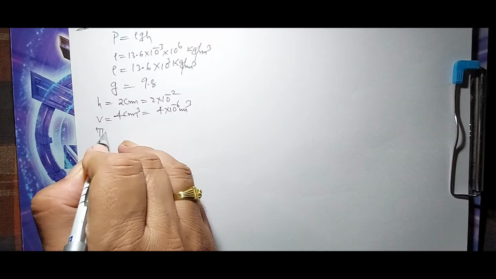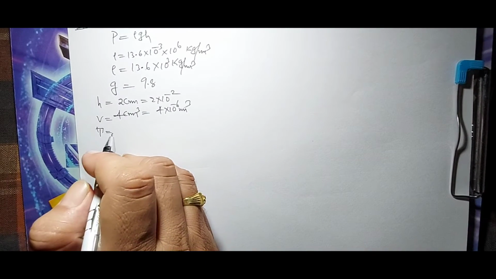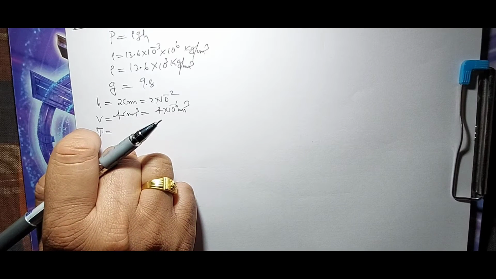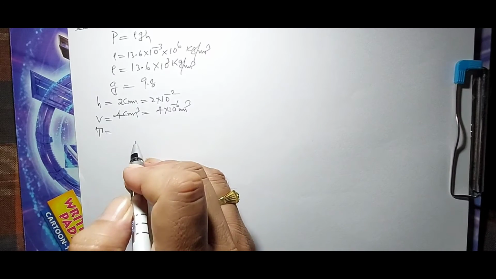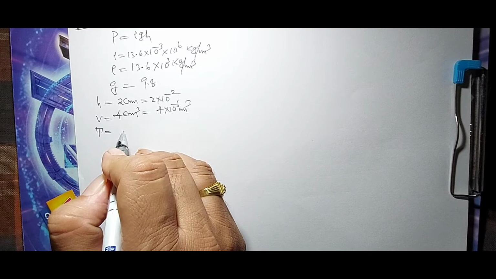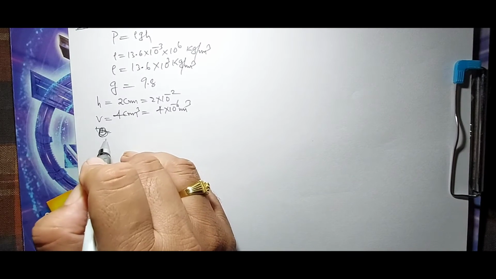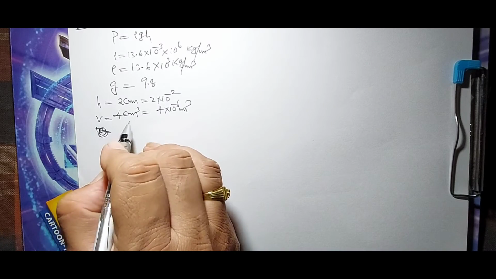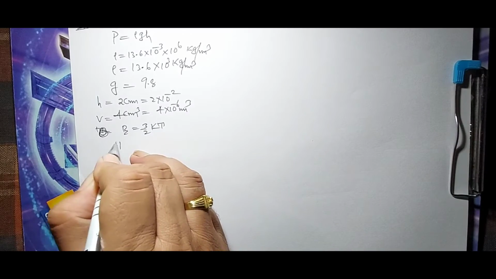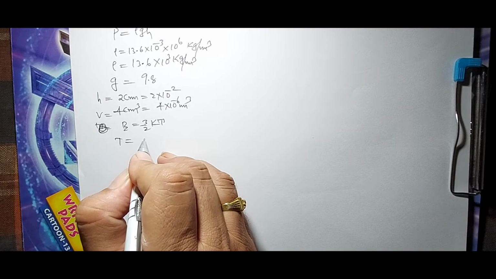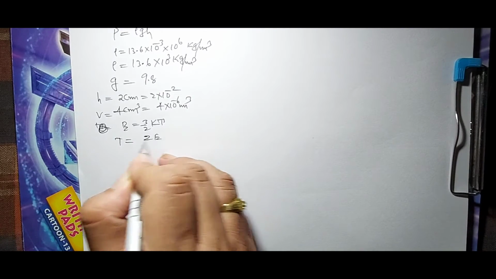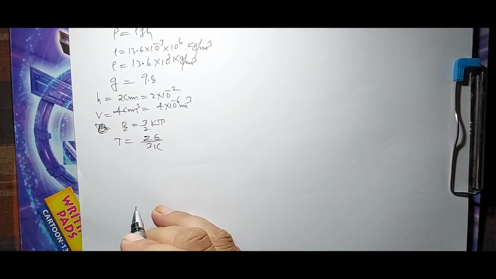Now, what is the temperature given? We are finding out the temperature. Here the total energy in a monoatomic gas is E = (3/2)kT. So T = 2E/3k.